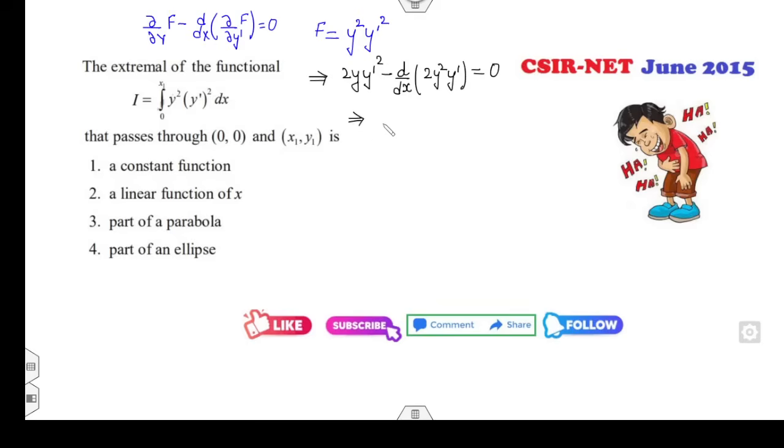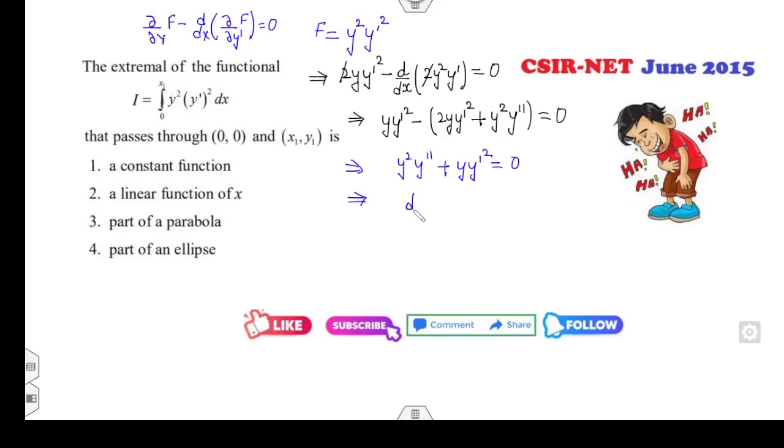Fine. I can cancel the 2. Now I can take the derivative. So that will be 2y y dash square plus y square y double dash is 0. Now if you open them, it will be y square y double dash plus y dash square is 0.